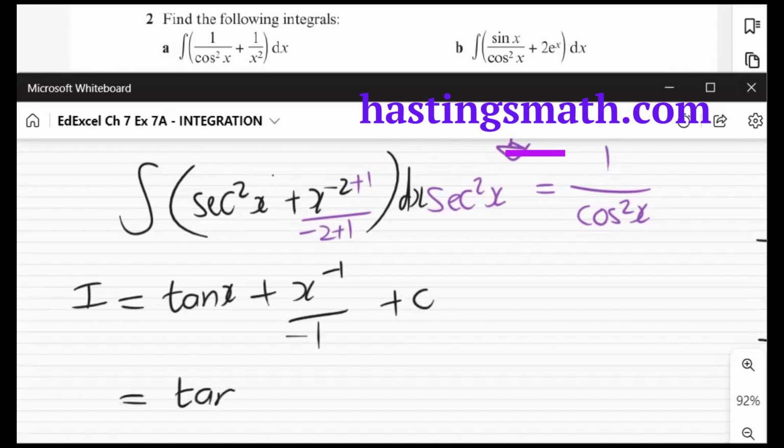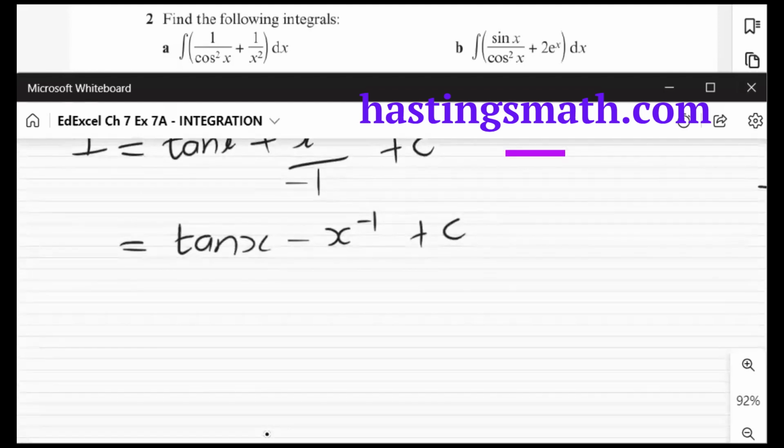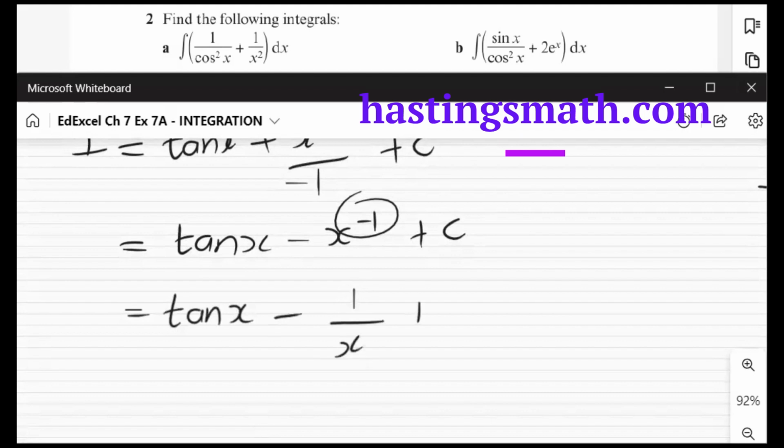So we have tan x, minus 1 times plus 1 is just going to be x, negative x to the minus 1, plus c. And for the answers there, do prefer that you put positive exponent form. So tan x minus 1 over x plus c. Okay.